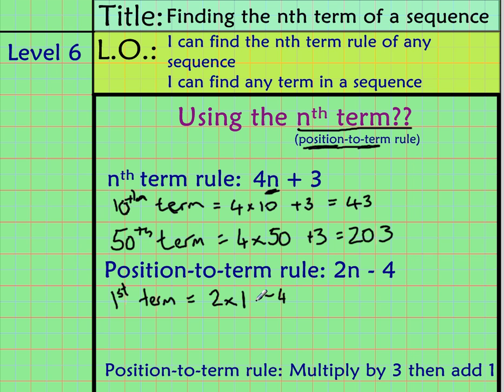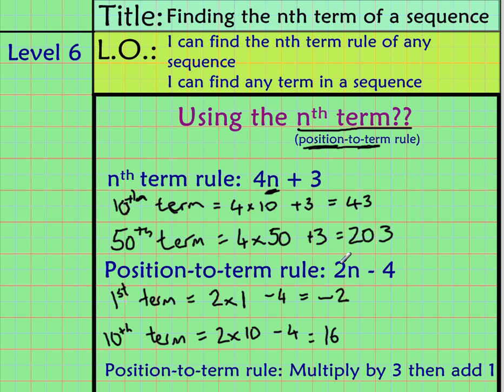Take away 4. 2 times 1 is 2. Take away 4 is negative 2. Maybe again they ask me for the 10th term. So I would do 2 times 10, take away 4. And 2 times 10 is 20. Take away 4 is 16.